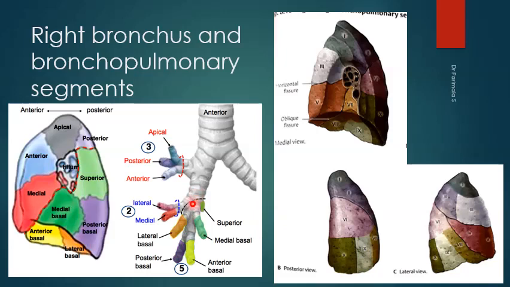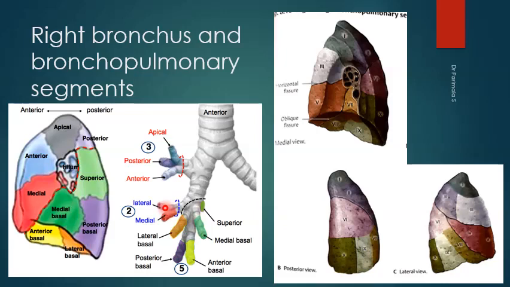The main trunk gives off from the front a lobar branch to the middle lobe of the lung. This is the middle lobe of the lung, where this middle lobar branch again divides into a lateral and a medial tertiary bronchus. Two tertiary bronchi are seen from the middle lobar branch.